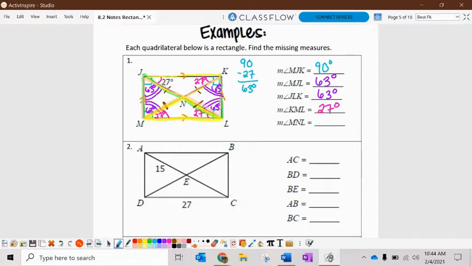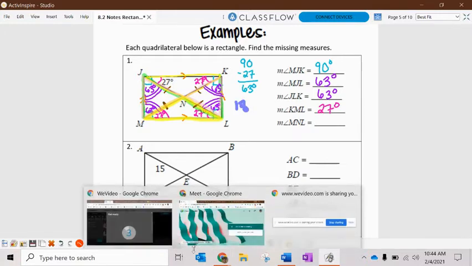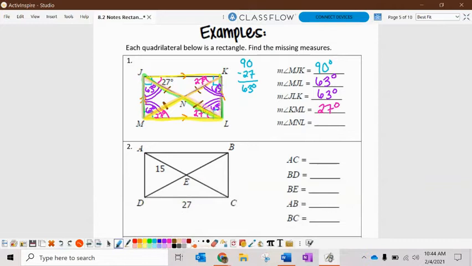So 180 minus 27 minus 27 leaves 126 degrees for that central angle. So that's going to be 126 degrees.